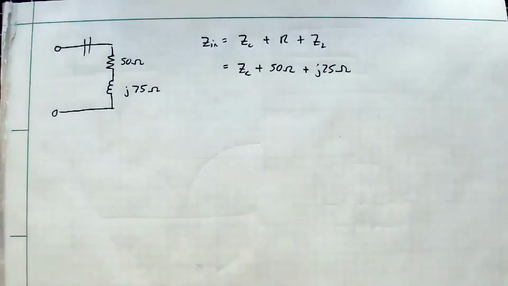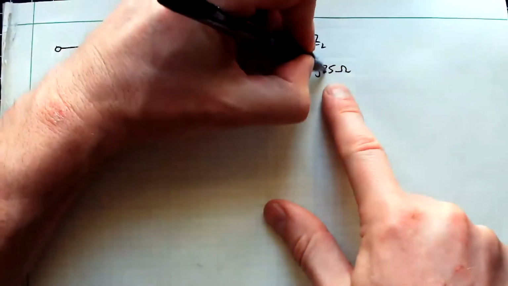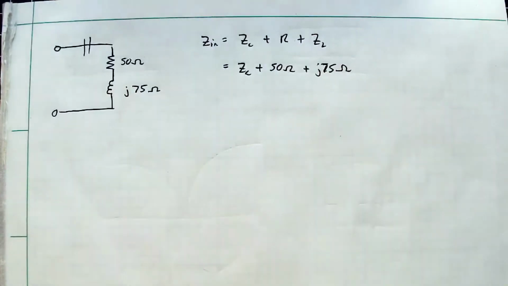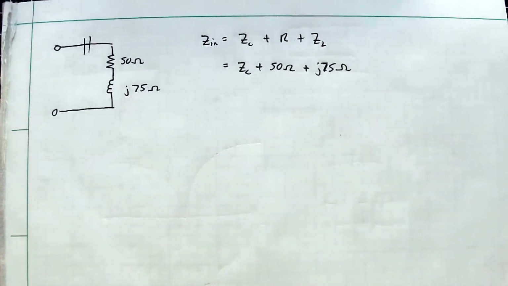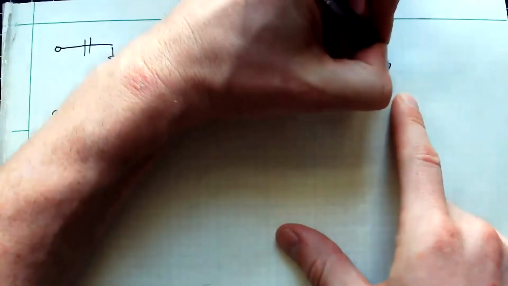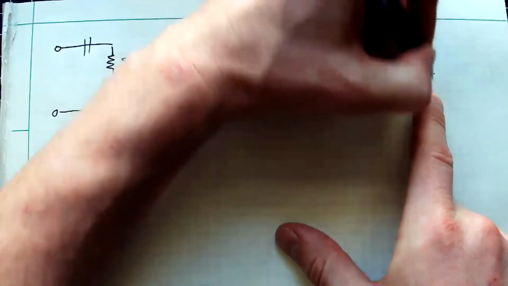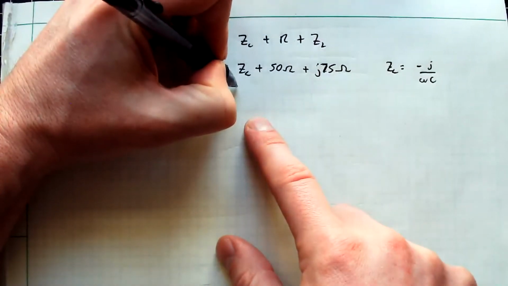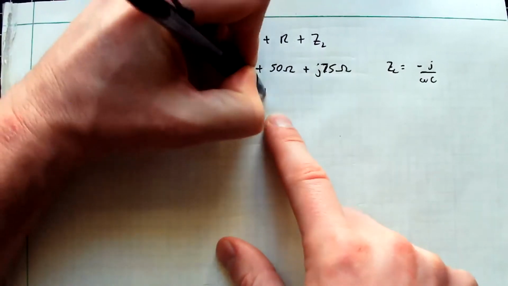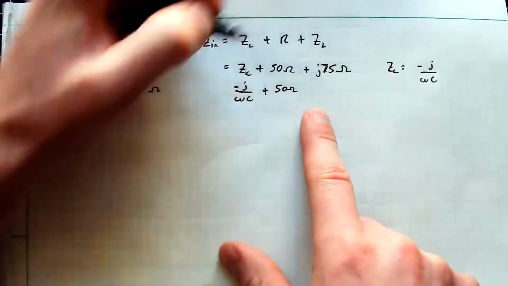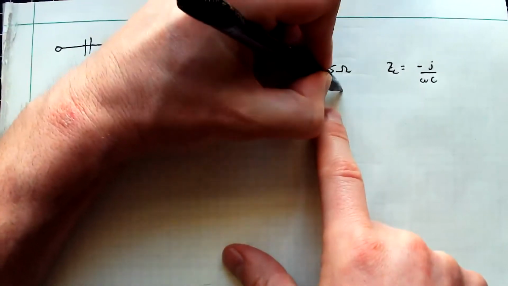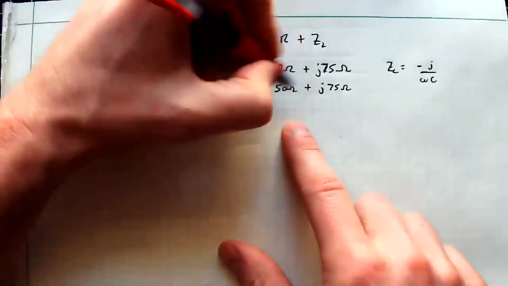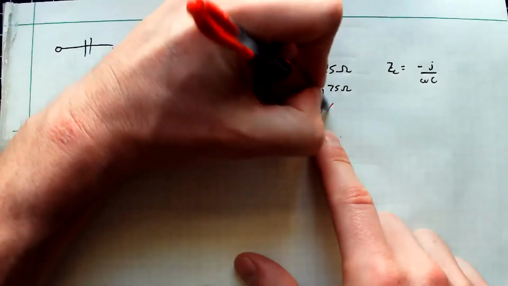You notice I'm doing this in abstract terms, because for a specific inductance I would need a frequency. You take that together and get some net impedance. We know that ZC is negative j over omega C. I'm going to write this as negative j over omega C plus 50 ohms plus j75 ohms, or more generally, R_L plus jX_L.